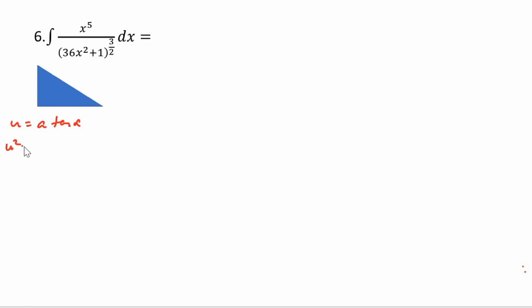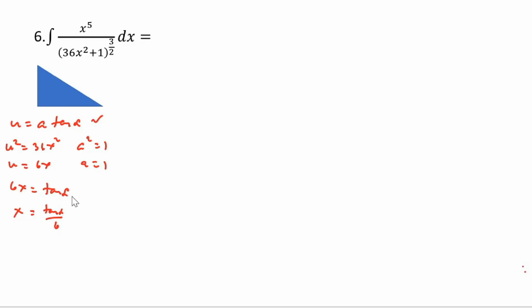So u squared is 36x squared, a squared equals 1, u equals 6x, and a equals 1. Writing this equation, 6x equals a, which is 1, so no need to write the coefficient of 1, and then tangent alpha. Solving for x, x is equal to tangent alpha over 6.